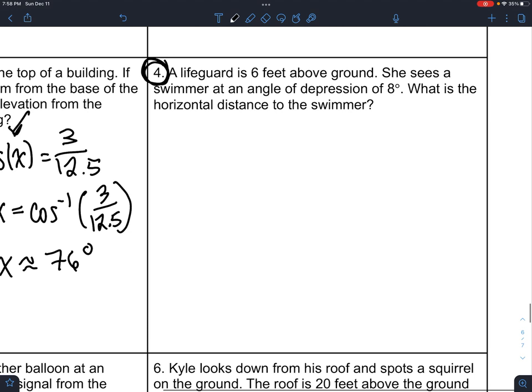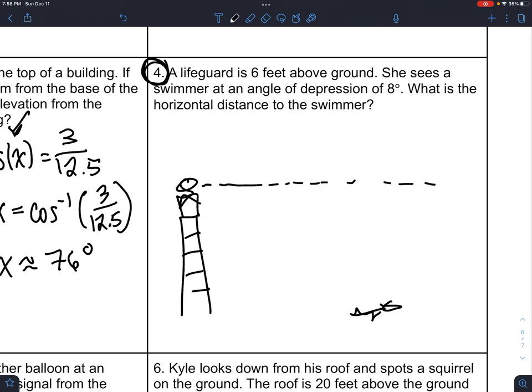Let's look at another angle of depression question. A lifeguard is on top of this post here, and there's a swimmer over here. The lifeguard is doing the seeing, and they're seeing a swimmer at an angle of depression of 8 degrees.